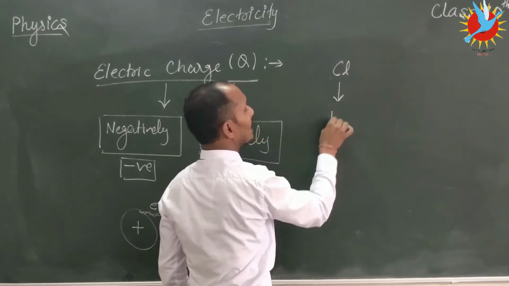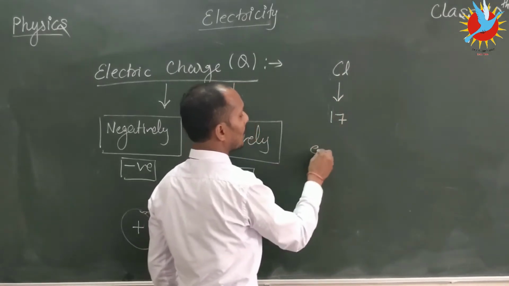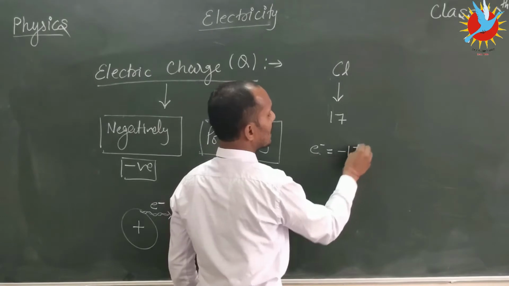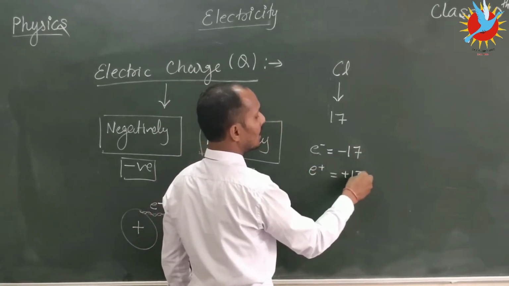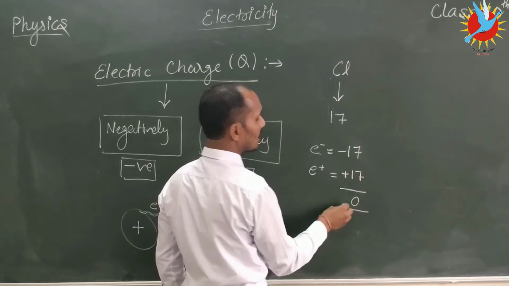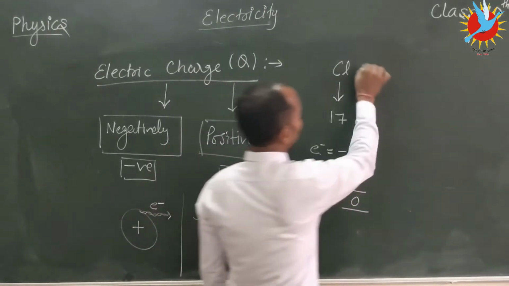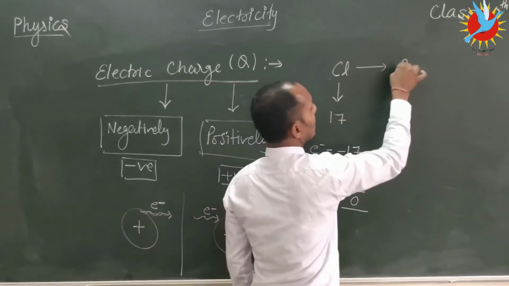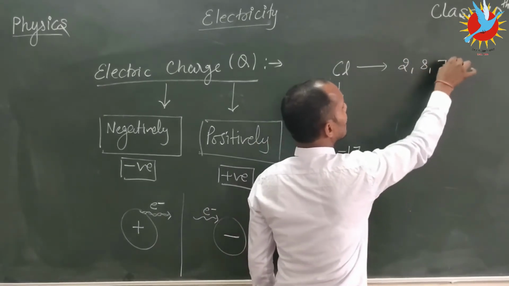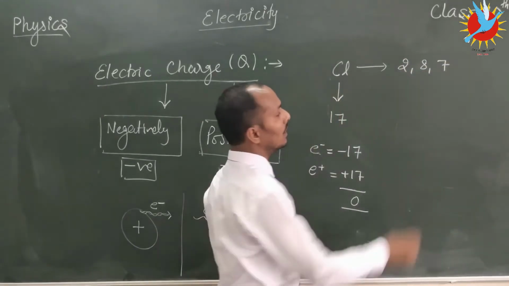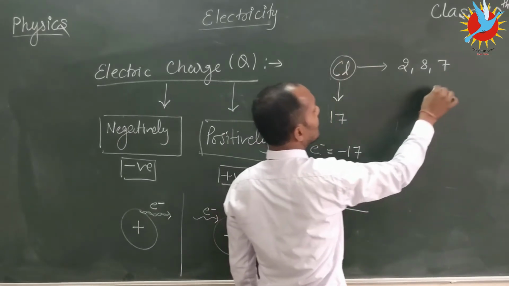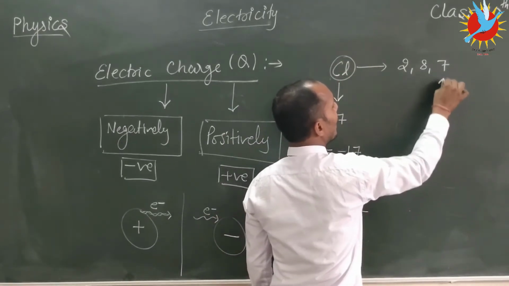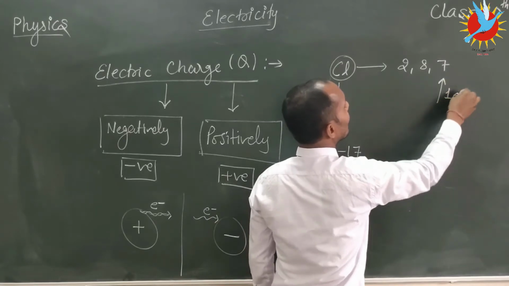Chlorine has atomic number 17. It means the number of electrons is 17 and the number of protons is also 17. Now this is neutral. But its electronic configuration is 2, 8, 7, so chlorine wants to become stable, and it is possible only when it gains one electron.